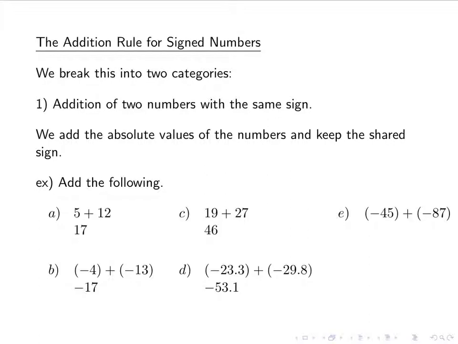Negative 45 plus negative 87, again they're both negative, so I add the absolute values. I add 45 to 87, and then my answer is negative of that, so I get negative 132. 9 plus 12, they're both positive, so I just add them, and I get 21.